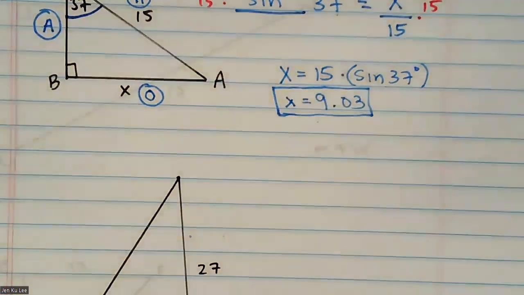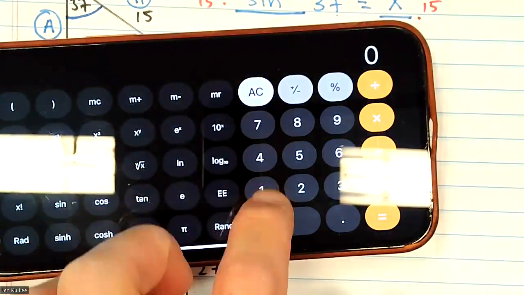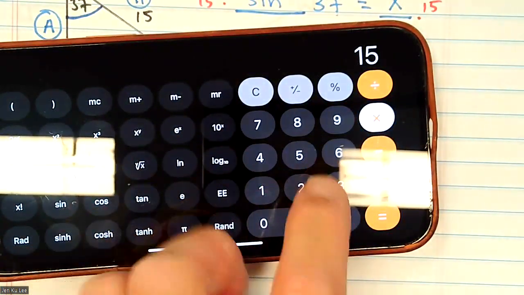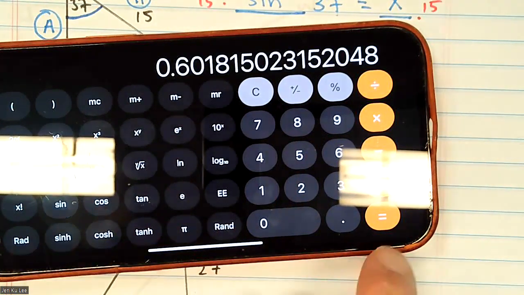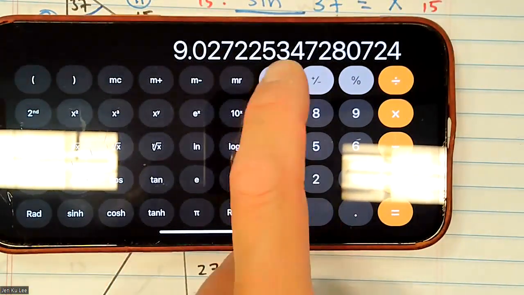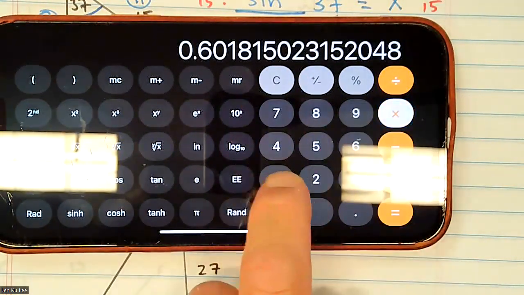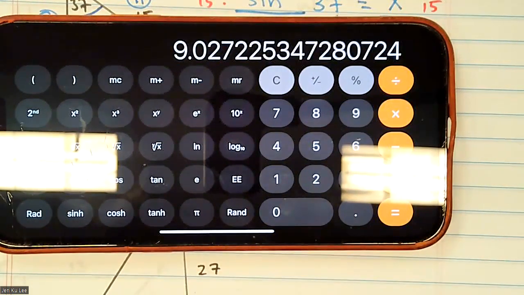Any questions on your calculator that I can help you with? Yes. I did it the other way around: 15 times 37 sine equals, and it's still right. Yeah, you could do that as well, but doing it this way, sine times 15, just gets rid of all the confusion of the buttons.